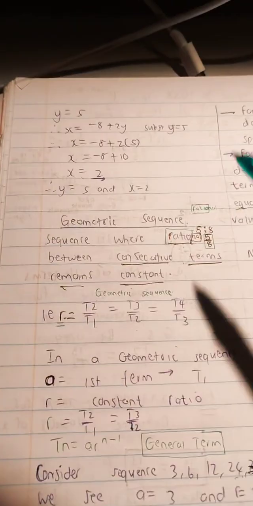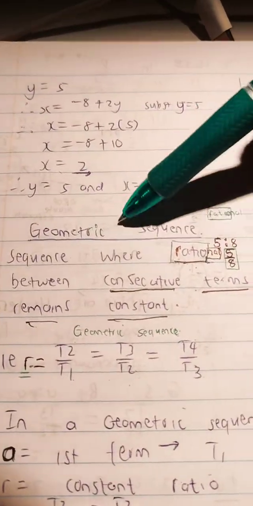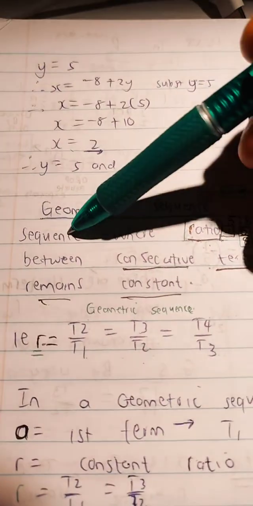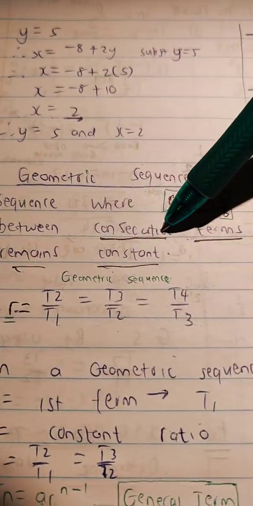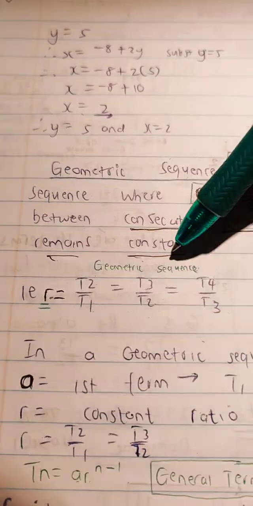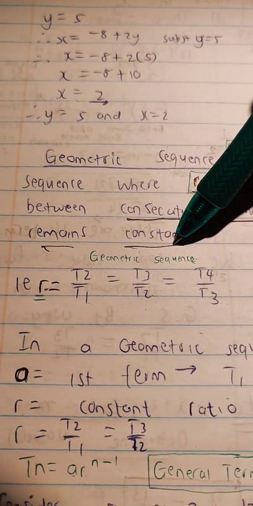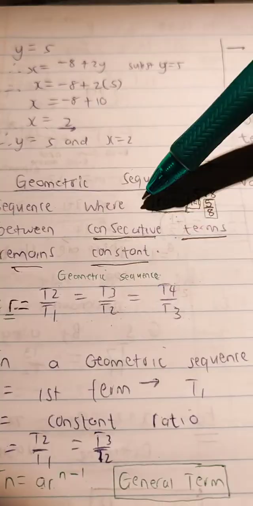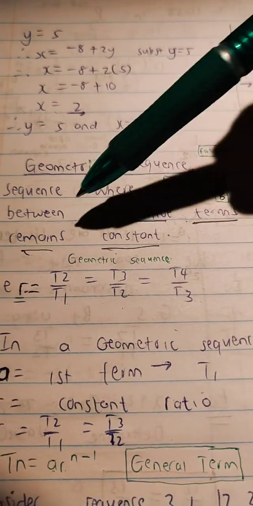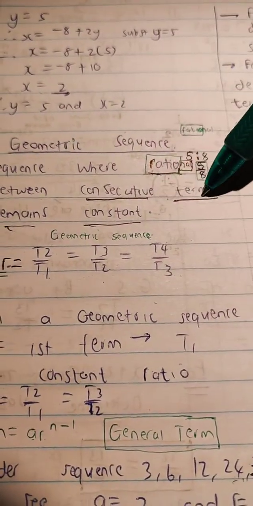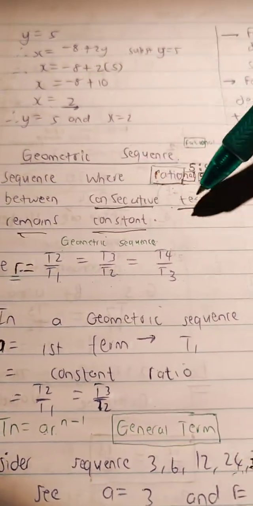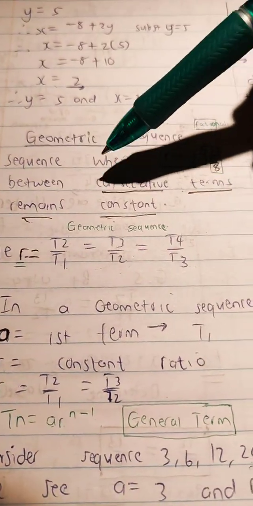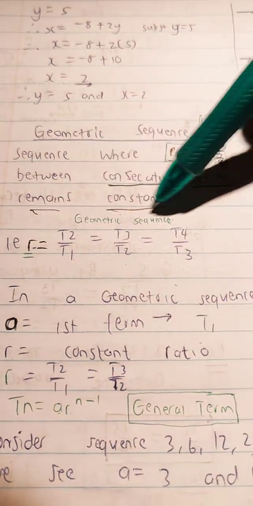Let me just go back again. So what am I saying to you? A geometric sequence is a sequence where the ratio between the consecutive terms is constant. Consecutive means one after the other, one term after the other. The consecutive terms have a constant ratio.